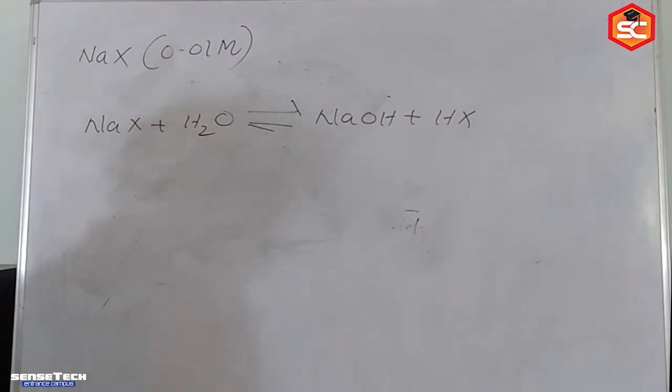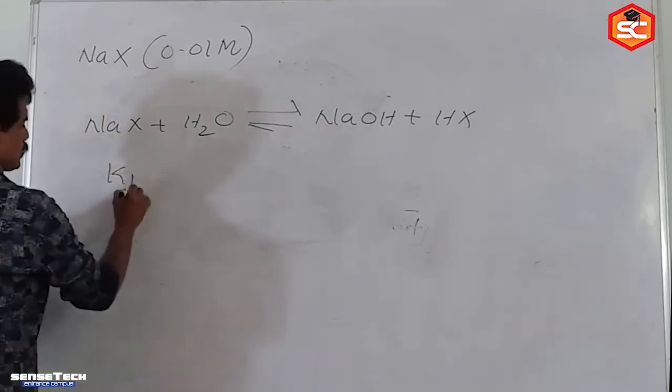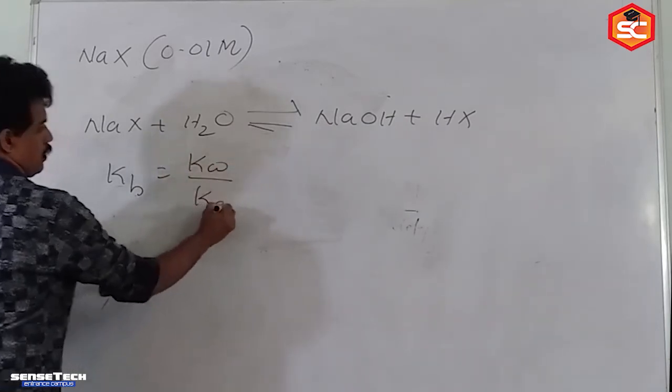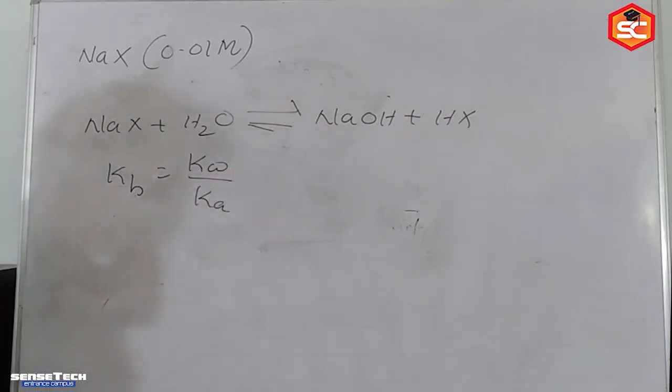So the hydrolysis constant Kh is equal to Kw by Ka.